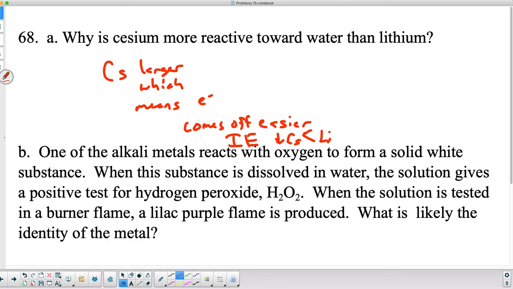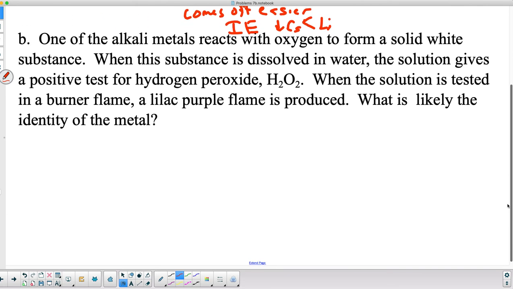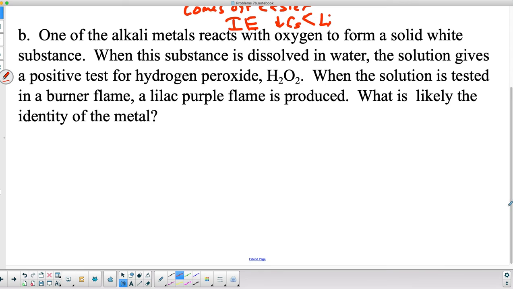Okay, let's talk about one of the alkali metals reacts with oxygen to form a solid white substance. So that solid white substance is dissolved in water. The solution gives a positive test for hydrogen peroxide. Okay, so first of all, it says in the burner flame, a lilac purple flame is produced.